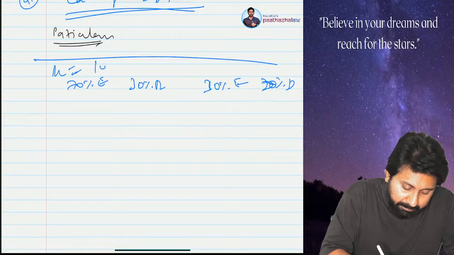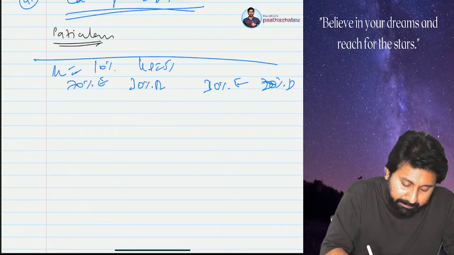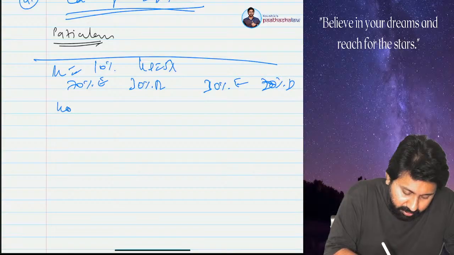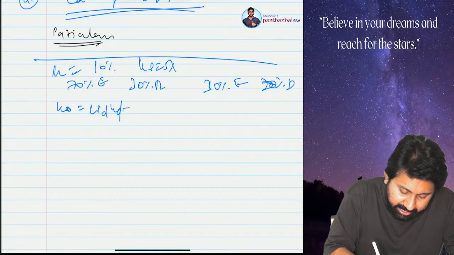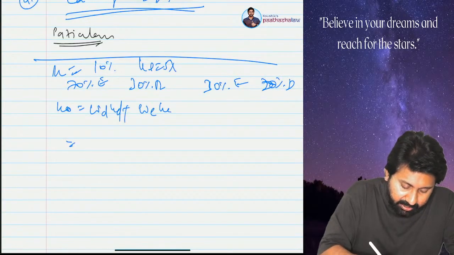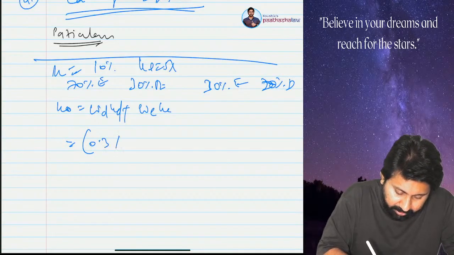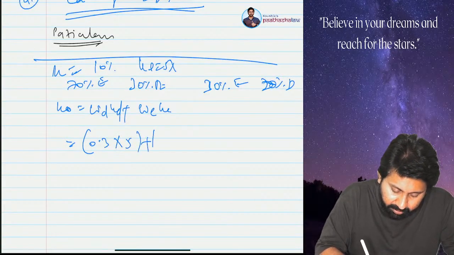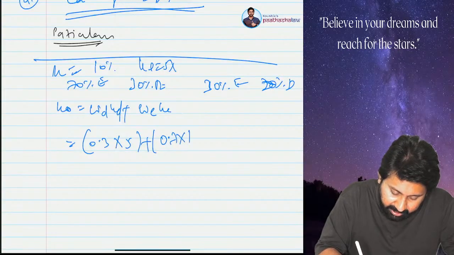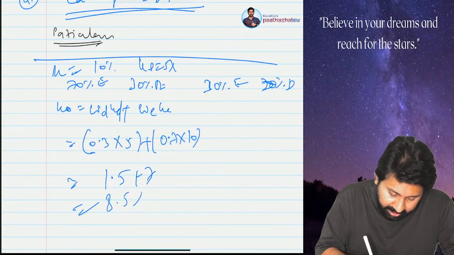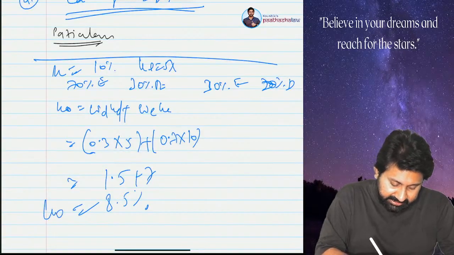KE 10%, KD 5%. Let's take an example. KO equals WD KD plus WE KE. First case, WD 0.3 into KD 5, WE 0.7 into KE 10. 1.5 plus 7, that is 8.5%. This is the KO.